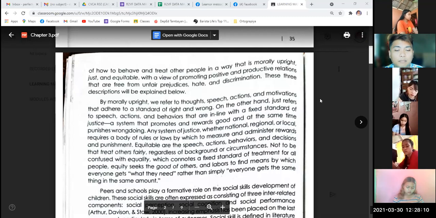Wala nang usap-usap. When it comes to being just, the law shall prevail. The law must prevail. And then equitable means the speech, actions, and behaviors and decisions that treat others fairly. Okay, fairly.